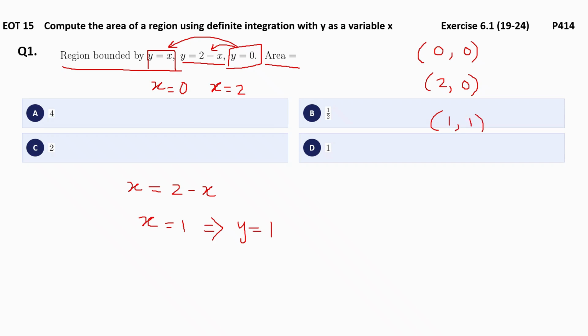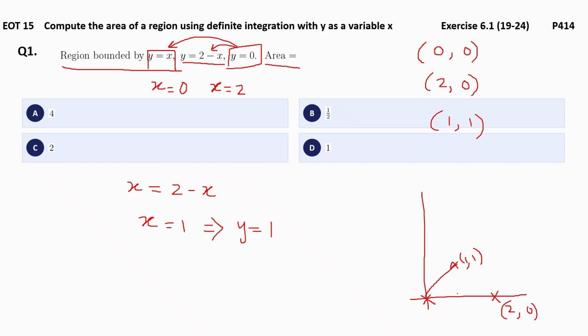If you notice, when you try to plot it in a graph, 0, 0 is nothing but the origin. 1, 1 will be somewhere here as 1, 1. And 2, 0 is again on the x-axis. Let's connect all these 3 points.